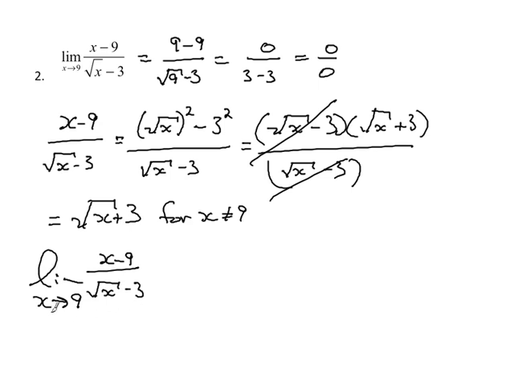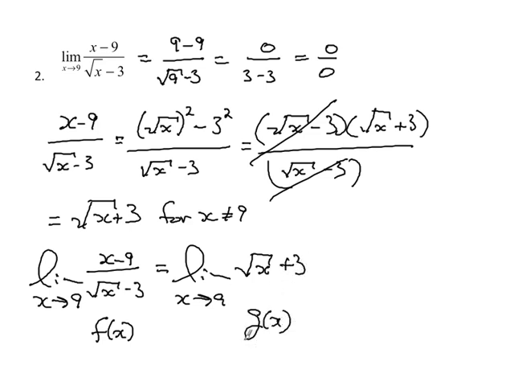So the limit as x approaches 9 of x minus 9 divided by the square root of x minus 3 is equal to, I'm thinking of this as f of x, the limit as x approaches 9 of the square root of x plus 3, and I'm thinking of this as g of x. Now, f of x is equal to g of x everywhere except when x is equal to 9.